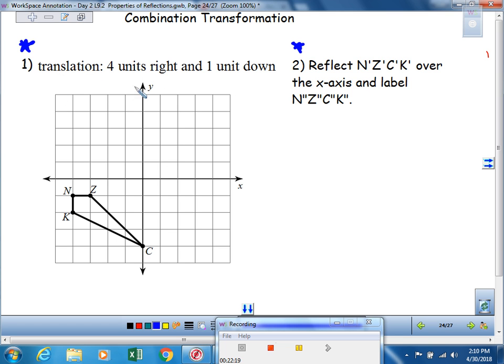Okay, the first thing we're going to do is a translation. So we're going to take each point and go 4 units right, 1 unit down. And we're going to label it with the prime mark.